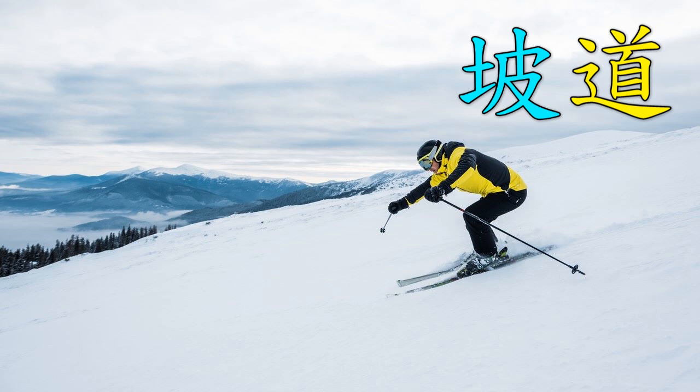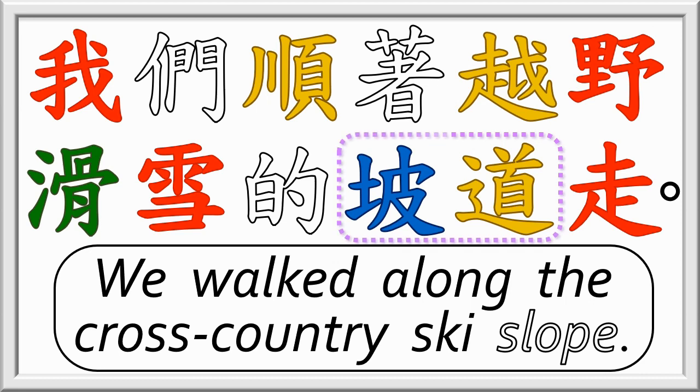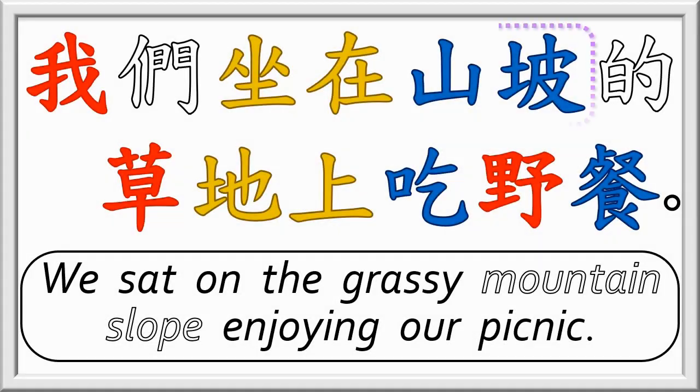A slope is 坡道, as for skiing. 我们顺着越野滑雪的坡道走. We walked along the cross-country ski slope. 山坡 would be a mountain slope. 我们坐在山坡的草地上吃野餐.